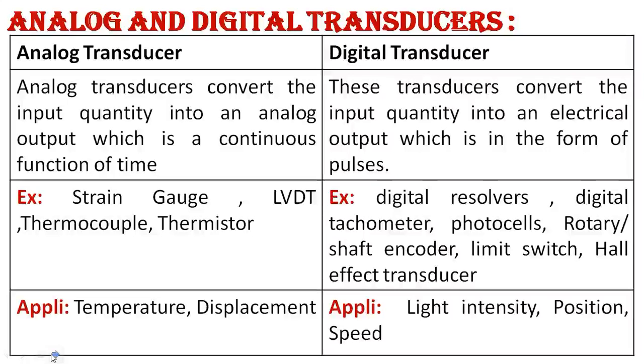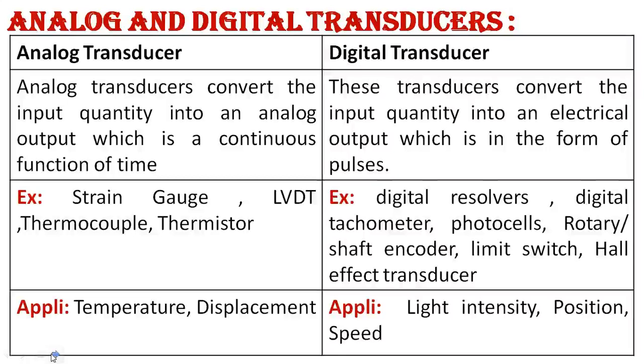Next is the digital transducer. This transducer converts the input quantity into an electrical output in the form of pulses. Their output is generated in the form of pulses, or digital, like a square wave. Examples of analog transducers are the strain gauge, LVDT, thermocouple and thermistor.